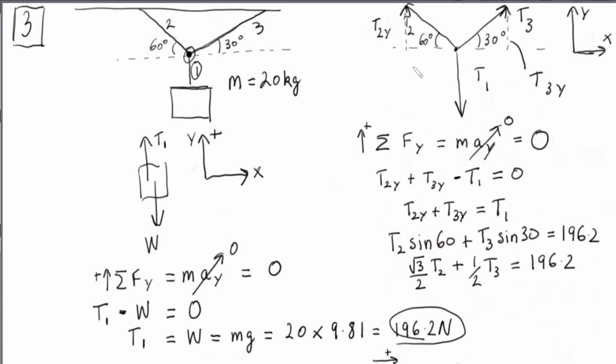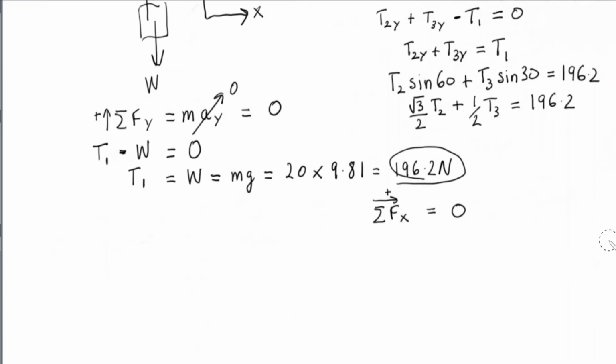So we'll have, and I'll label that as T2x, and I'll label the x resolute of T3 as T3x. So I can go ahead and say T3x minus T2x, because it's acting in the left direction, is equal to 0. And we can go ahead and equate those terms. So T3x is equal to T2x.